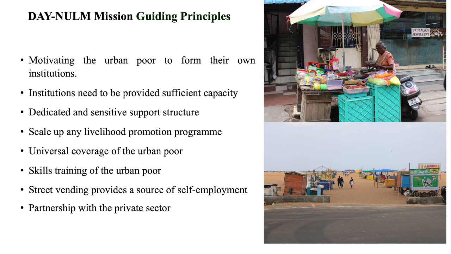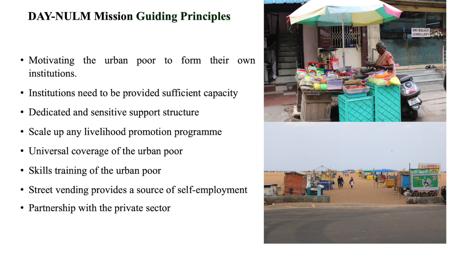As per the Constitutional 74th Amendment Act 1992, urban poverty alleviation is a legitimate function of the urban local bodies. Therefore, the urban local bodies need to undertake a lead role for all issues and programs concerning the urban poor in the cities and towns, which includes skills and livelihoods. Therefore, this mission aims at universal coverage of the urban poor for skill development and credit facilities.